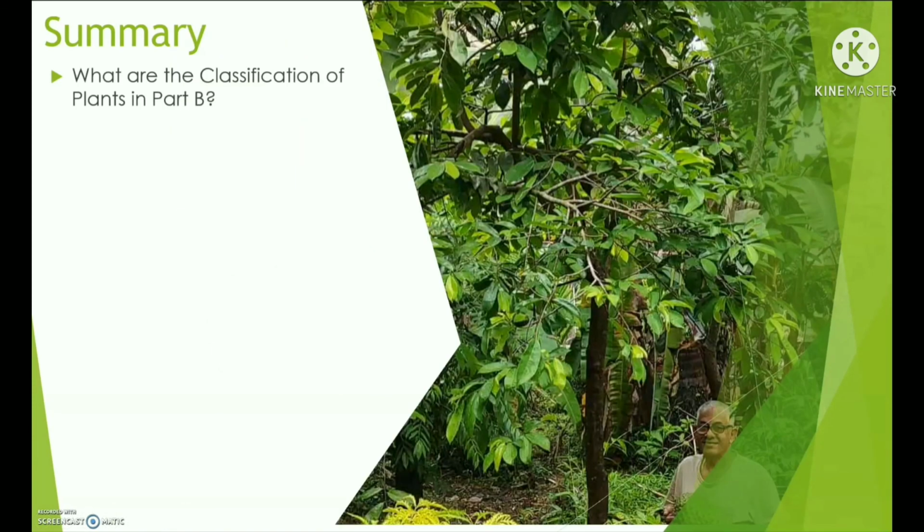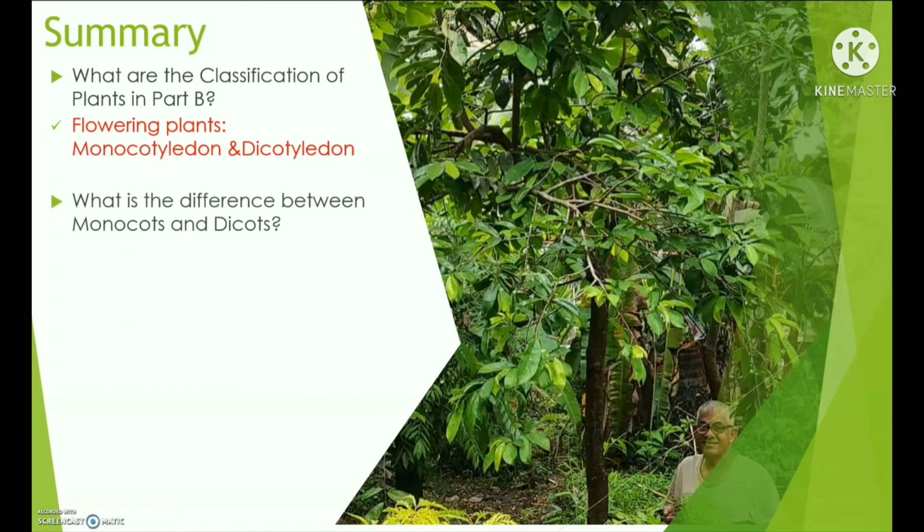So let's talk about our summary for our topic for today. We talked about the classifications in part B. Again, what are the classifications or types of plants in part B? Very good. Flowering plants, monocotyledon and dicotyledon. Very good.